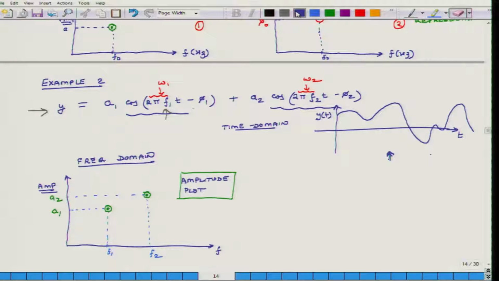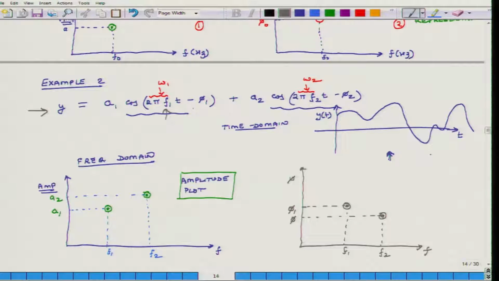Similarly, now we have the amplitude plot and then the other plot in the frequency domain is the phase plot. On the x axis I plot frequency and on the y axis I plot phase, and the phase is phi 1 at frequency f1 and phi 2 at frequency f2.